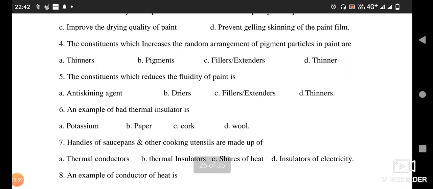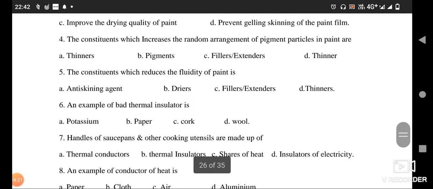I think I have read the options in the wrong way. Actually the correct options are given here. Option A is anti-skinning agent, B is dryer, C is fillers and extenders, and D is thinner. So option number D, thinner, is the correct answer for MCQ number 5, which should be the constituent which reduces the viscosity of a paint.